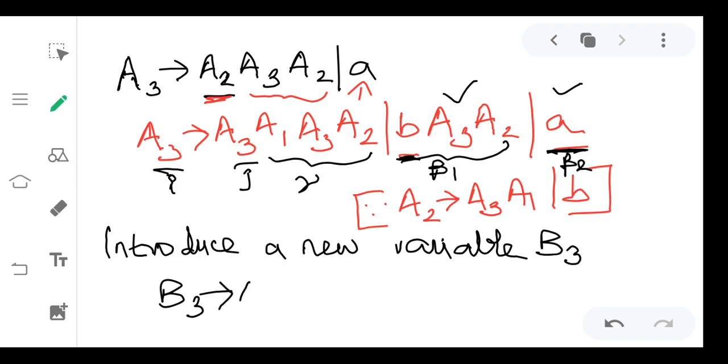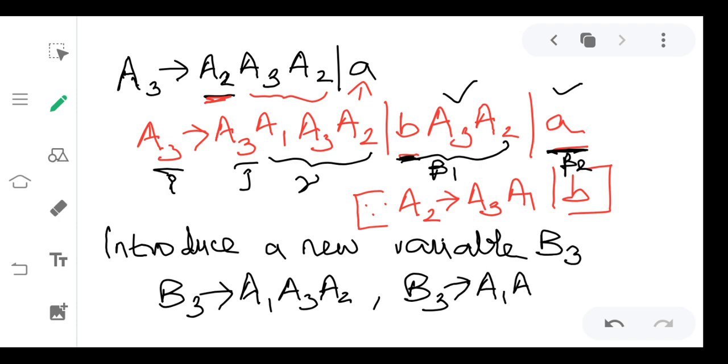Gamma in this A3 equation, we have gamma as A1 A3 A2. And we have to generate one more equation. B3 produces gamma B3, that is A1 A3 A2 B3.